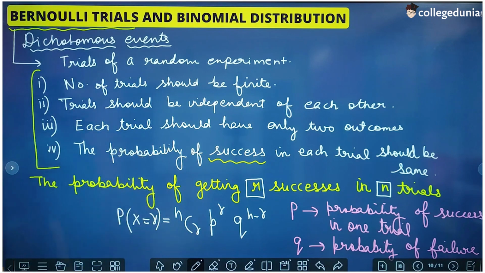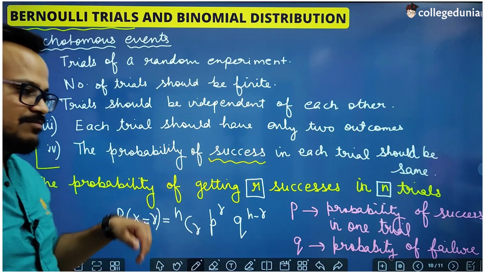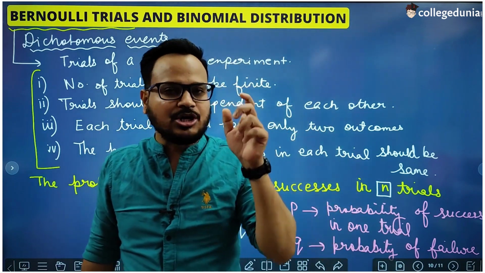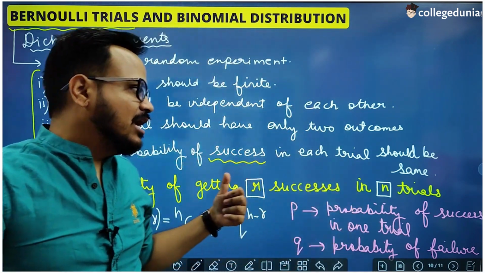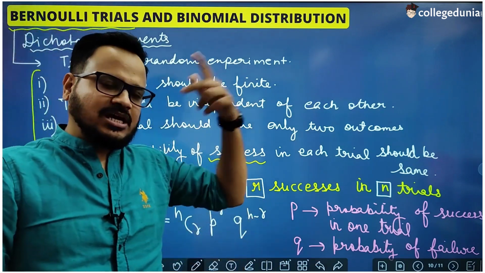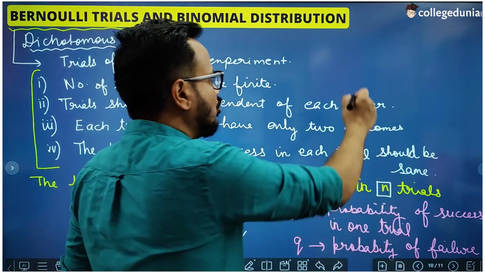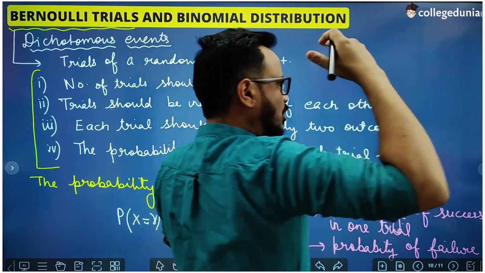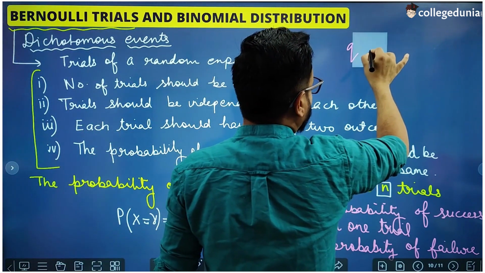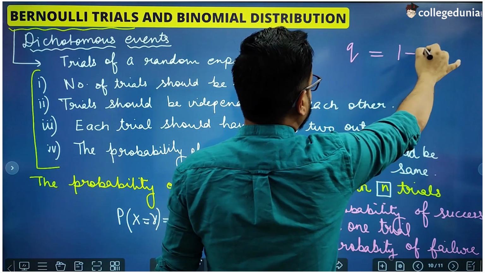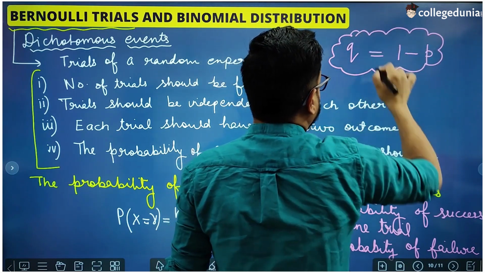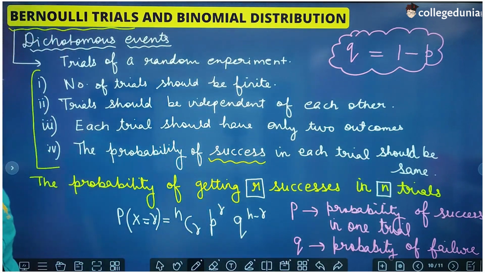For example, if I am tossing a coin and getting a head is success, then p is 1 by 2 because the probability of getting head is 1 by 2, and when tail comes, that is a failure, and the probability of tail, which is again 1 by 2, is q. Because there are only two possible outcomes, the sum of probability p and q is 1. So we can say that the probability of failure q is 1 minus the probability of success.